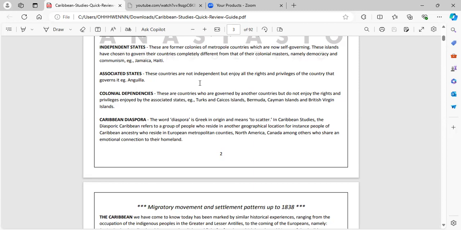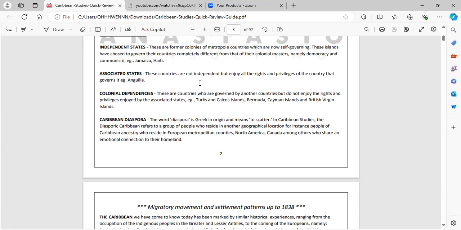So these are countries where another country governs certain affairs. International affairs of Puerto Rico, the USA governs that. The UK governs that for Anguilla, because Anguilla cannot represent themselves at the Olympic Games. If you want to run for the Olympics, you have to run for the UK. Certain things Anguilla cannot do for themselves because the UK does it for them.